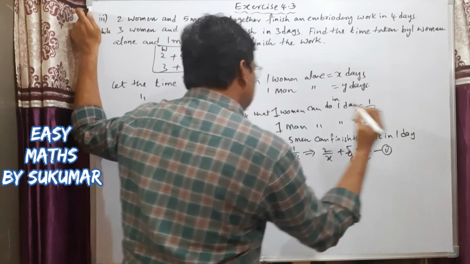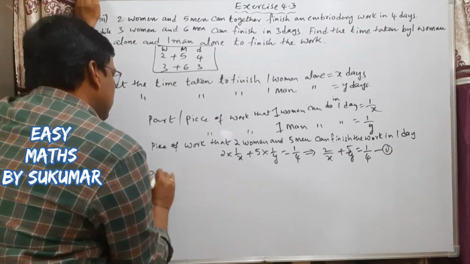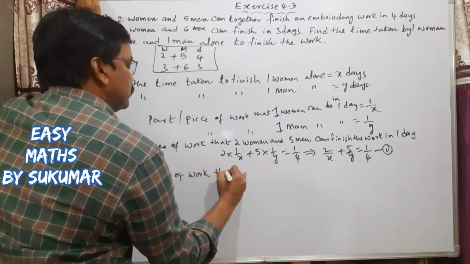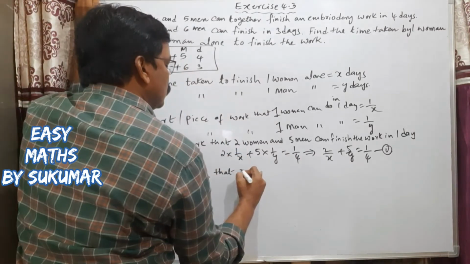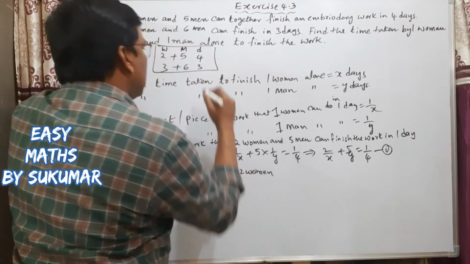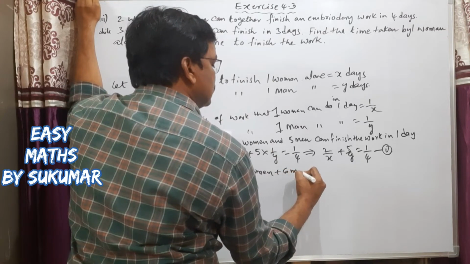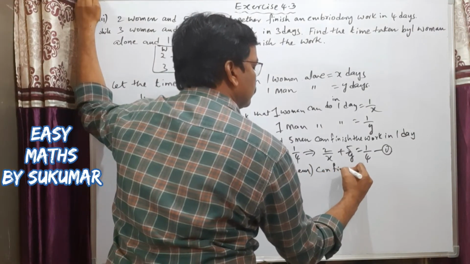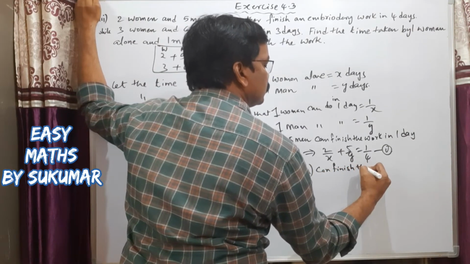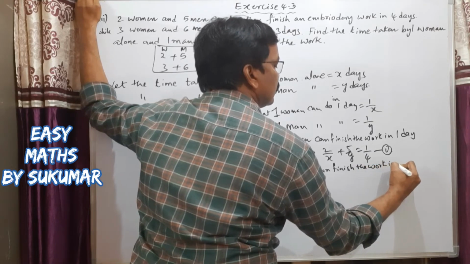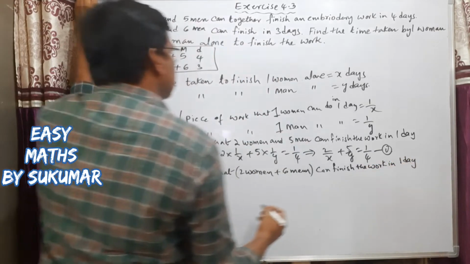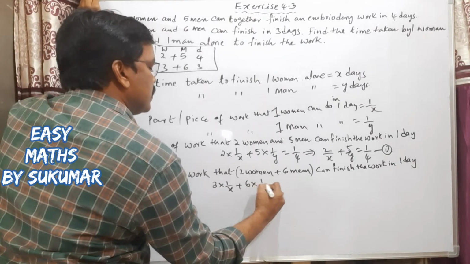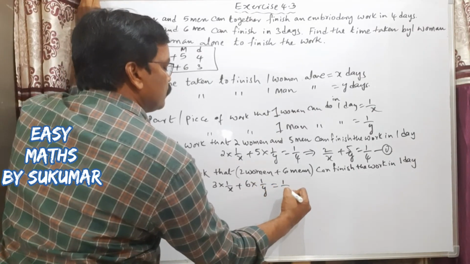This is equation 1. Similarly, my dear students, the piece of work that 3 women and 6 men can finish in 1 day is equal to what? 3 into 1 by x plus 6 into 1 by y is equal to 1 by 3.